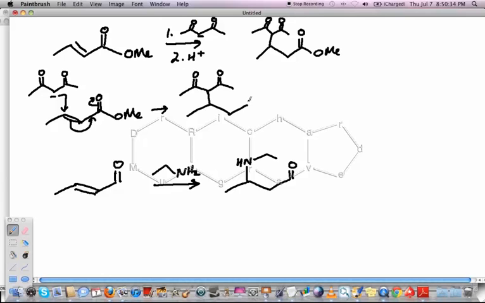And that's where it attaches. Then we can add the H plus in the next step, and we get our familiar enol compound.